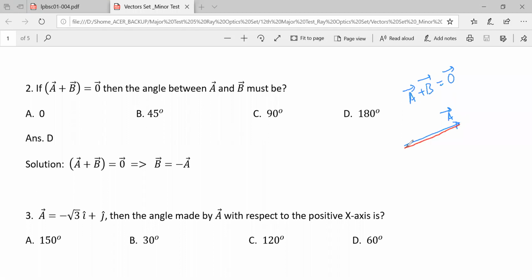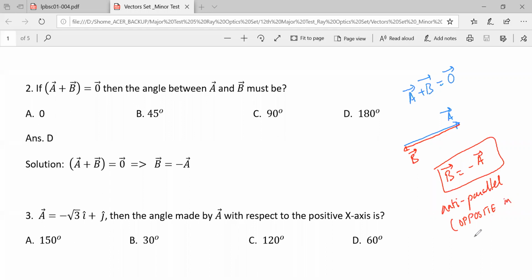Bring you back here. So B is minus of A. So they are anti-parallel vectors, or they are opposite in direction. So that means theta is 180 degrees.